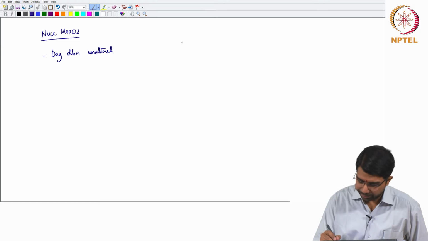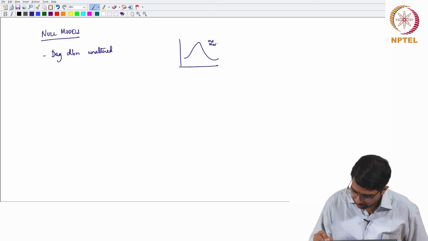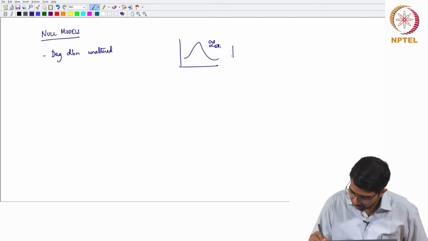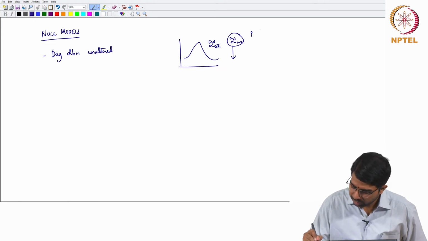We said that this is going to be the distribution of some LER, and my LWS comes here. So, this P will be much less than say 10 to the minus 5 or something like that.